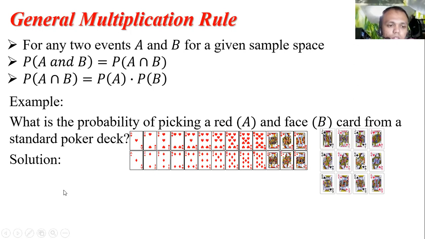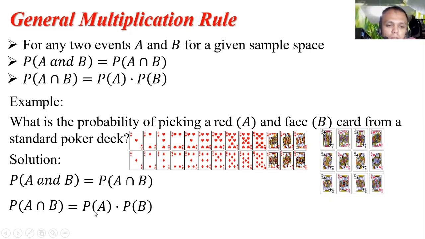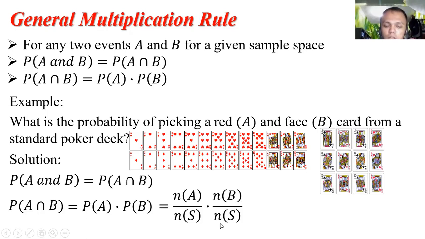Now, if we are looking for the probability of A and B, we have the intersection of A and B, which is the probability of A times the probability of B. So what is the probability of A? We have the number of events of A over the number of sample space, times the number of events of B over the number of sample space.